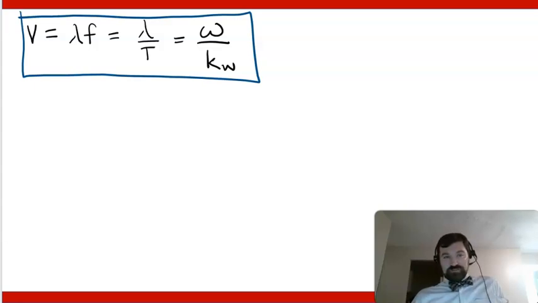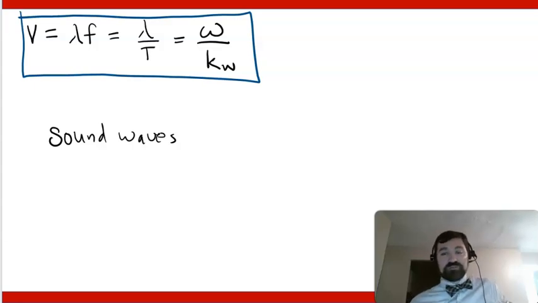What about the speed of sound specifically? So sound waves specifically. Mechanical waves, and sound is a type of mechanical wave, tend to have speeds that are related to typically the square root of some sort of elastic restoring force divided by some sort of inertial term.